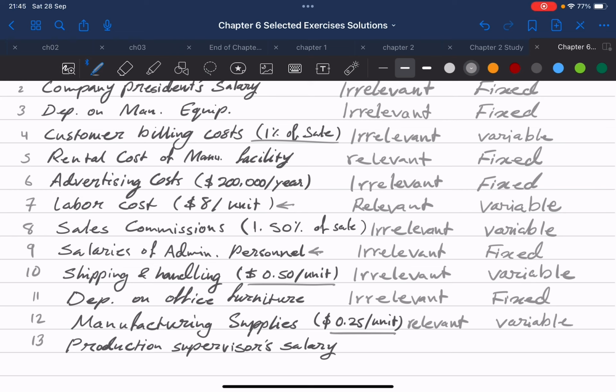Last one, number 13, production supervisor's salary. Now, the production supervisor's salary is a little bit different from the other employees we have talked about earlier because this guy is in charge of production, right?